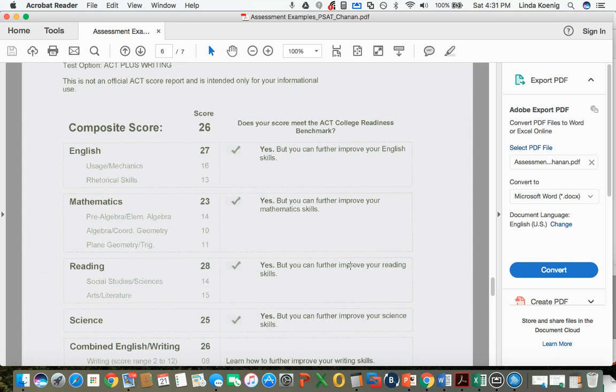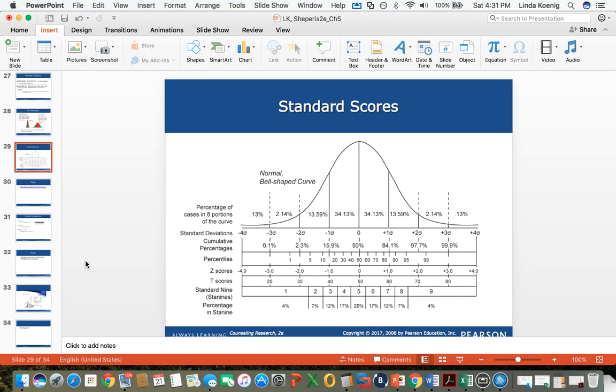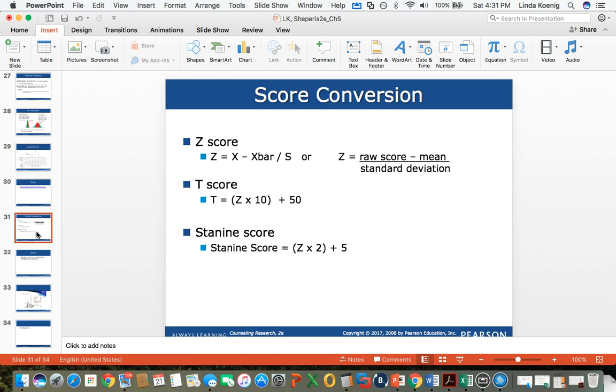In order for us to do that, we need a couple of pieces of information. In order to convert a raw score of 26 to a standard score, the first score we would like to convert it to is a z-score, because that's so useful.